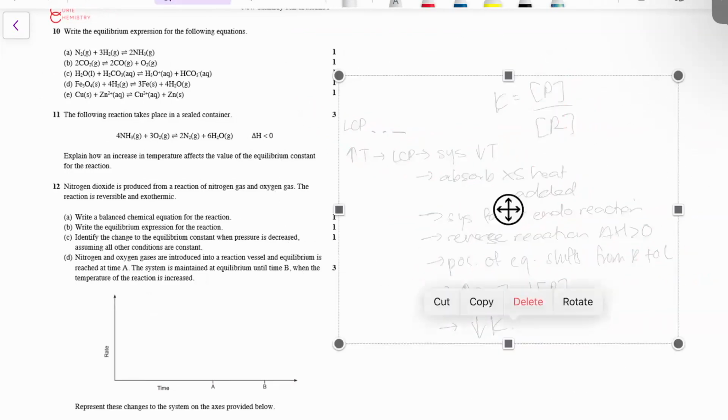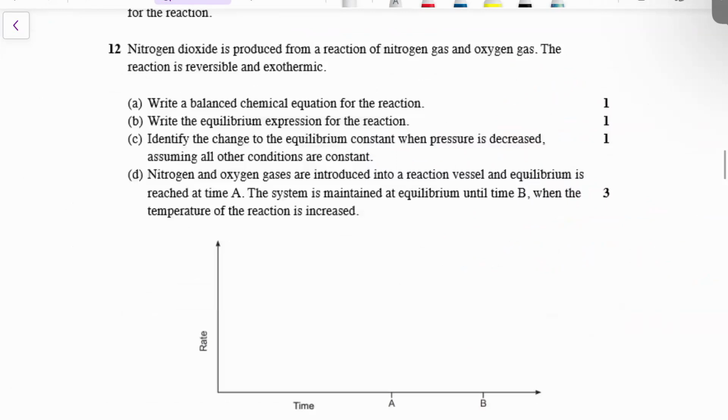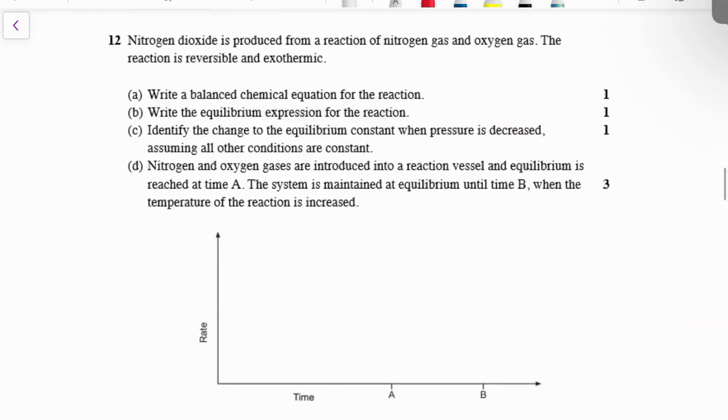All right. Question 12. Nitrogen dioxide is produced from a reaction of nitrogen gas and oxygen gas. The reaction is reversible and exothermic. A, write a balanced chemical equation for the reaction.